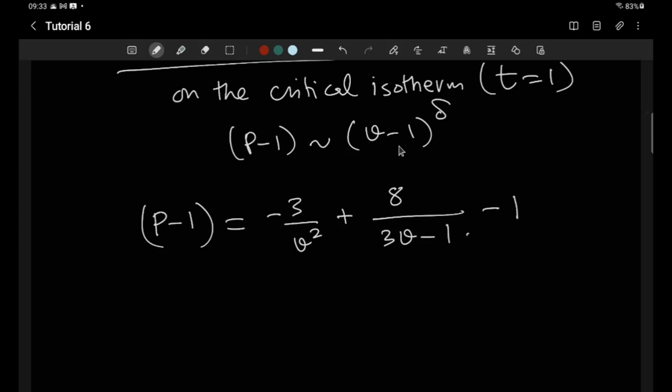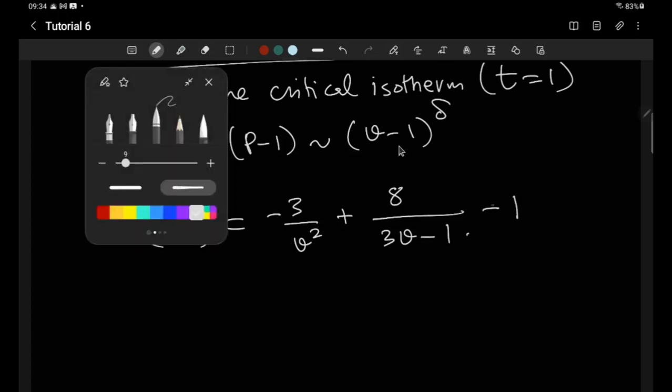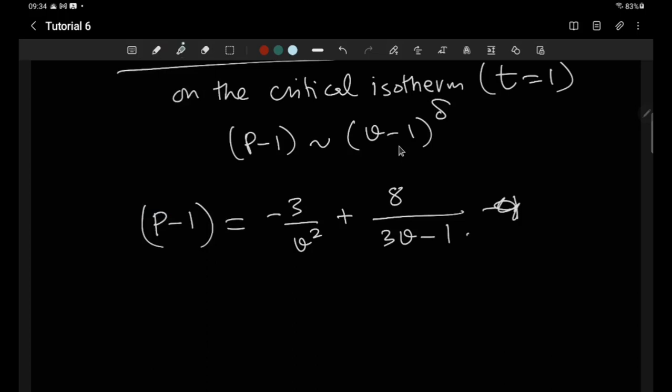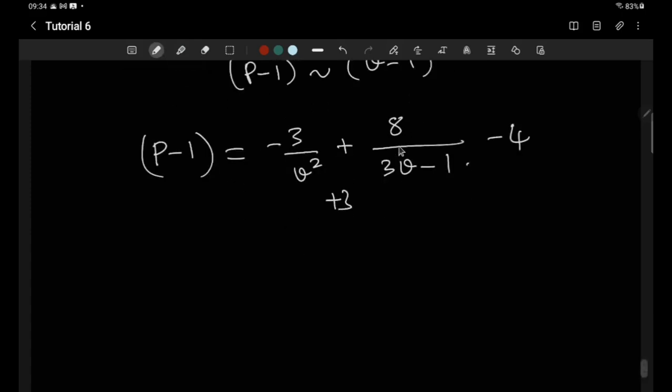But this minus 1, we will write it as plus 3 minus 4. So you take these two terms and you simplify, you subtract this.